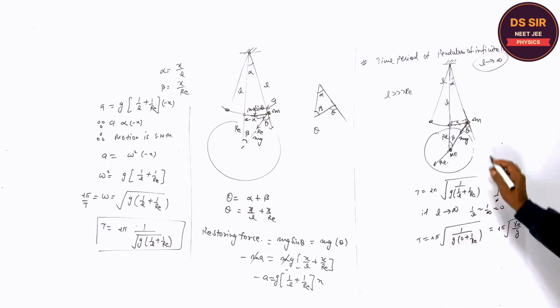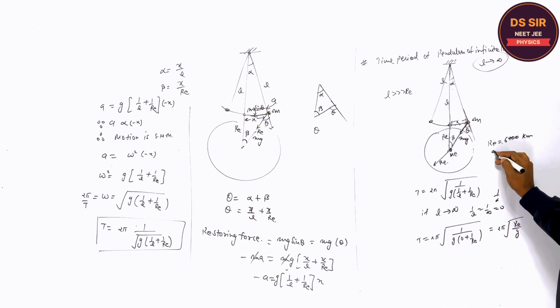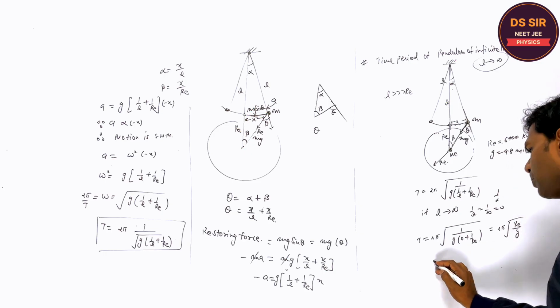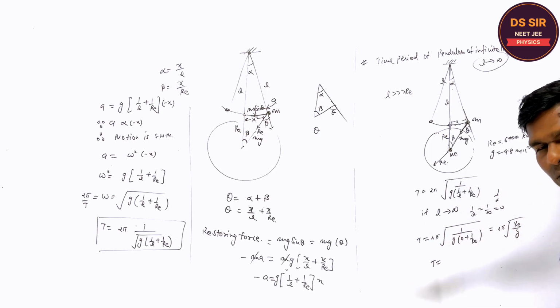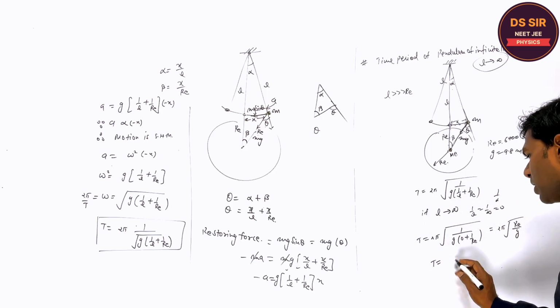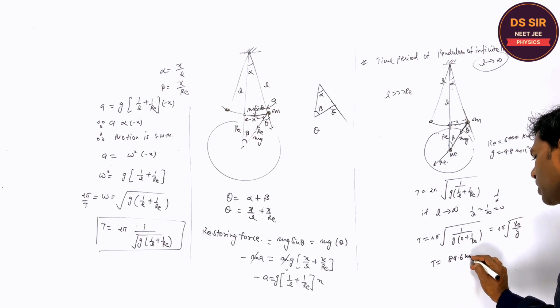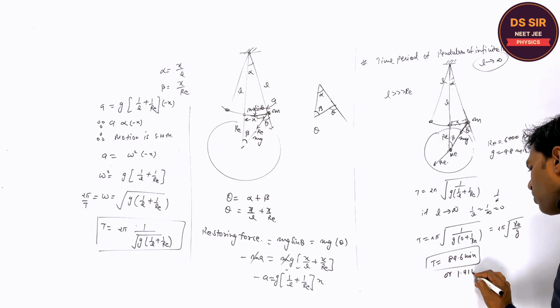Right, RE is the radius of the earth, 6400 kilometer, and the g value is 9.8 meter per second square. When you put the values of RE and g and calculate, this is the important expression, and the time period comes to be 84.6 minutes, or it may be written as 1.41 hour.